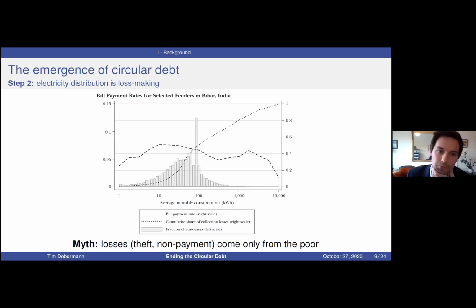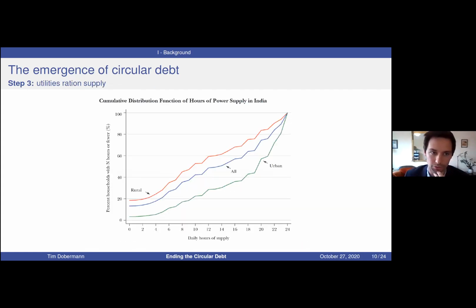Once we have an electricity distribution system which is loss-making, the third step is that utilities ration supply. As I've mentioned, that is one view of how they cope with the situation where the loss per unit sold is increasing. The only response is to pull back supply.